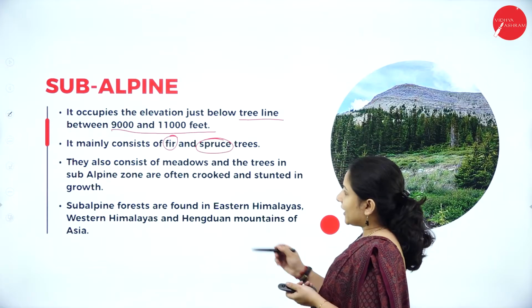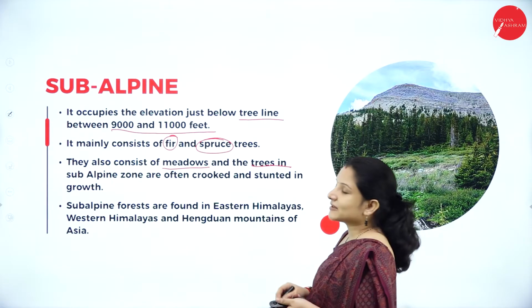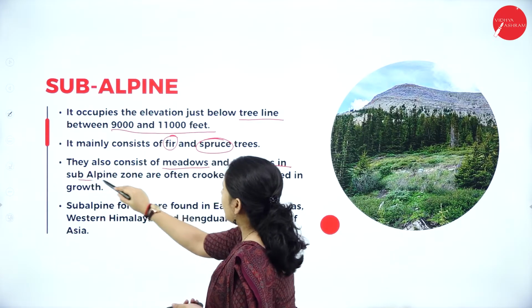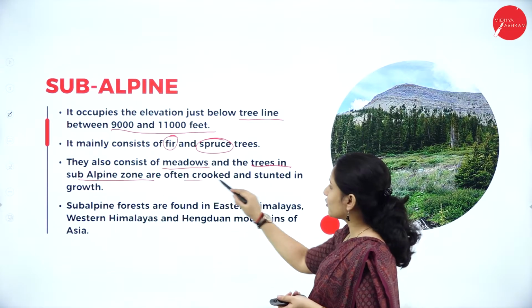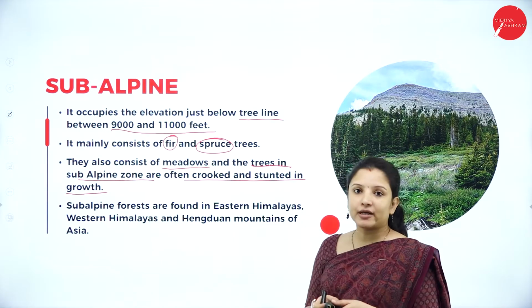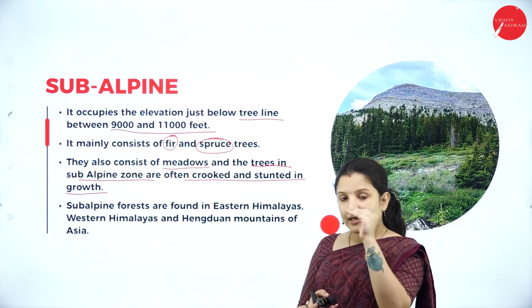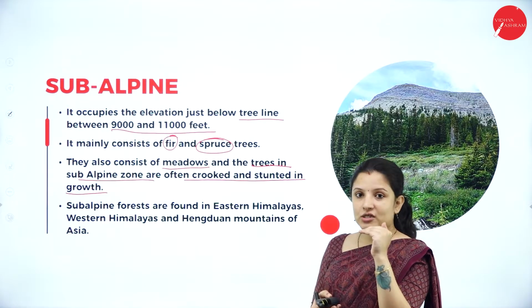They also contain meadows, that is grasslands, and they contain trees in the subalpine zone, and these trees are always crooked and stunted in growth. So why are these trees always crooked and stunted in growth? Because what did I tell you? This region is present just below the tree line.